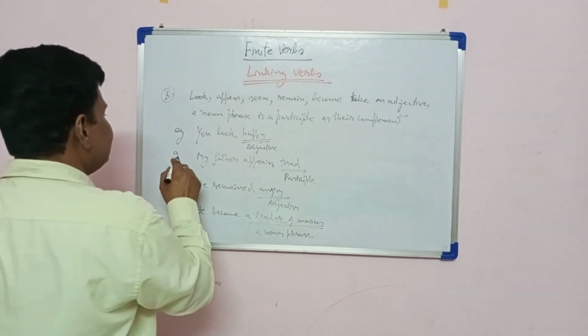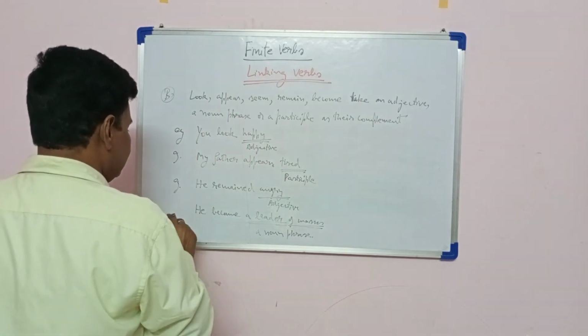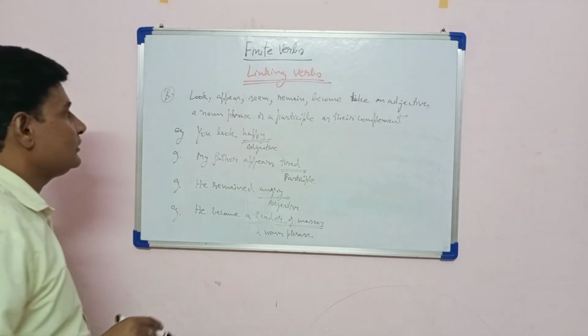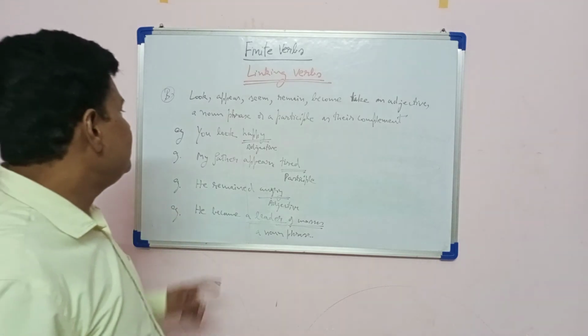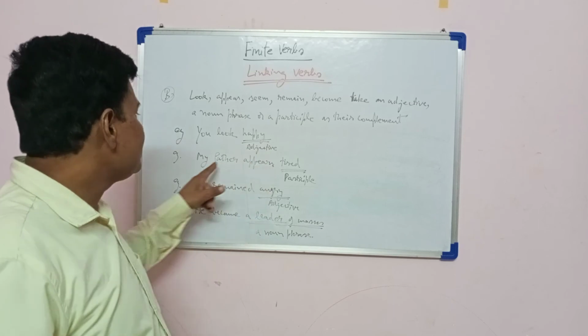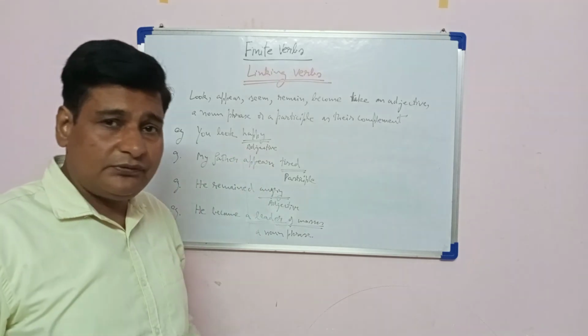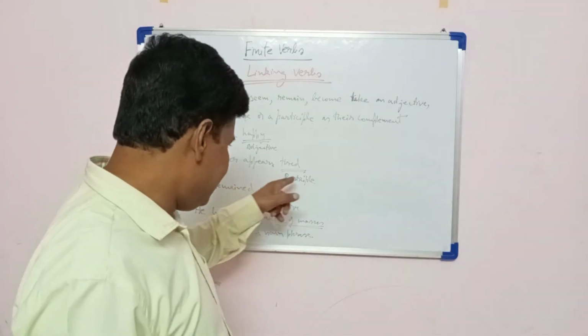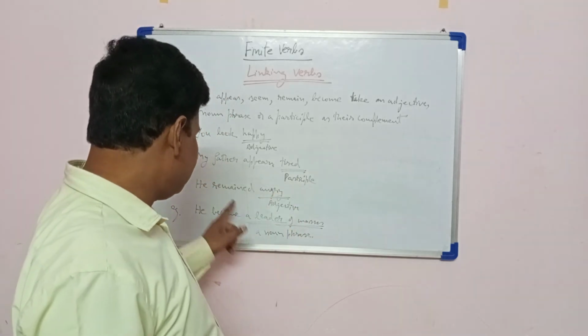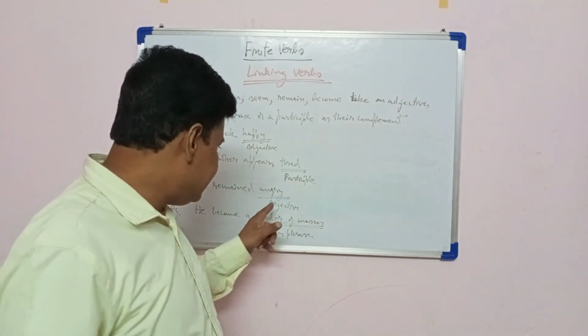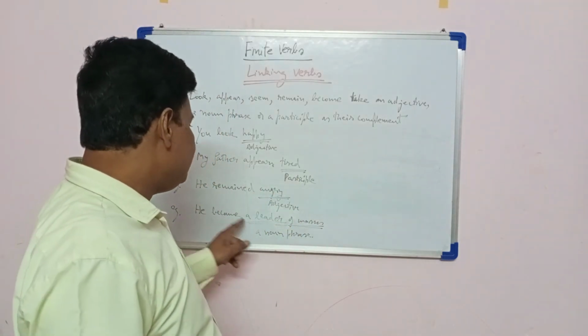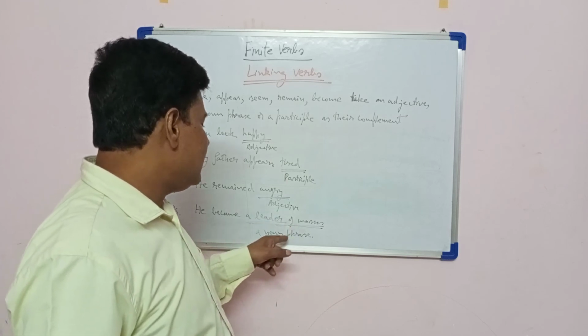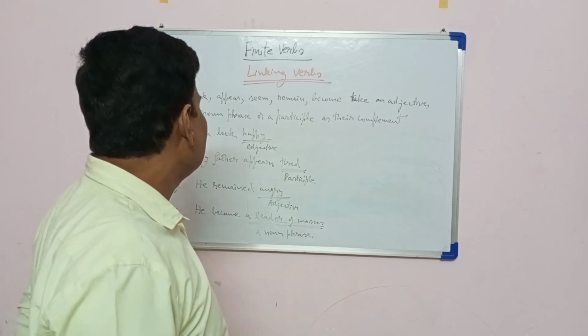You can see these examples. You look happy. Here an adjective is used. My father appears tired. A participle is used. He remained angry. Here an adjective is used. He became a leader of masses. A noun phrase is used.